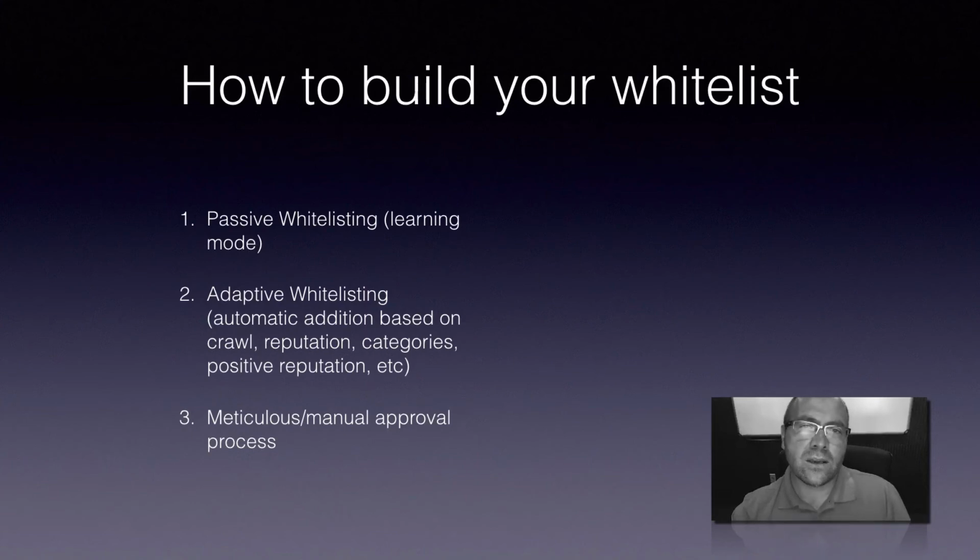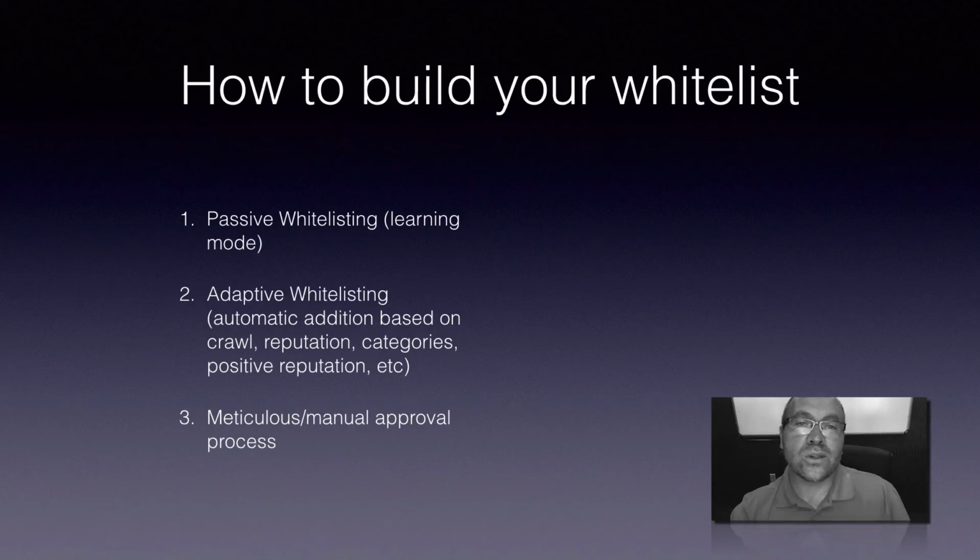So next, typically, the question comes up of how do you build your whitelist? Broadly speaking, there are three methods. The first method is that you can passively log queries based on an initial blacklisting rule set and use that as a base for later culling to convert into a starter whitelist.